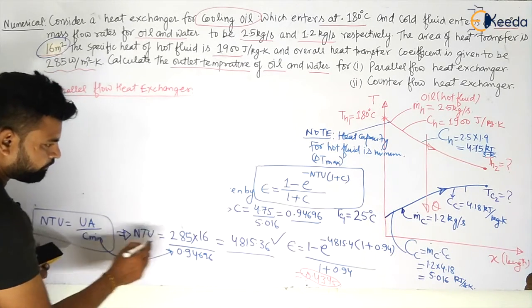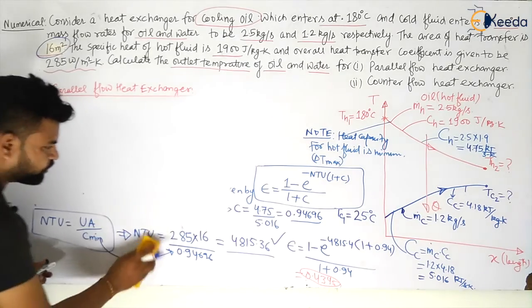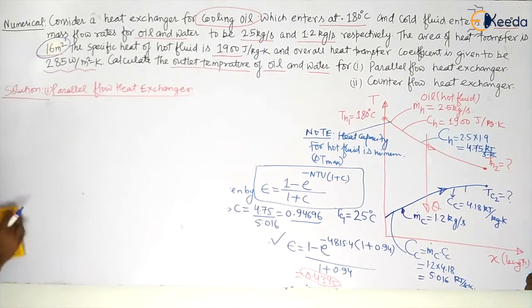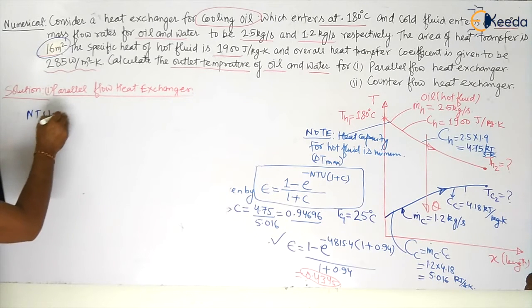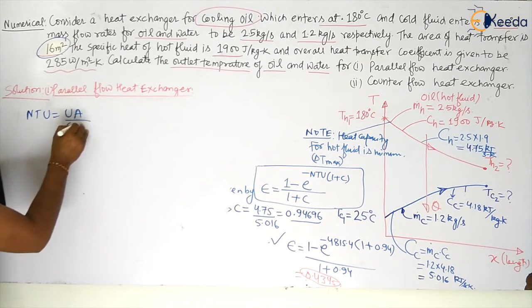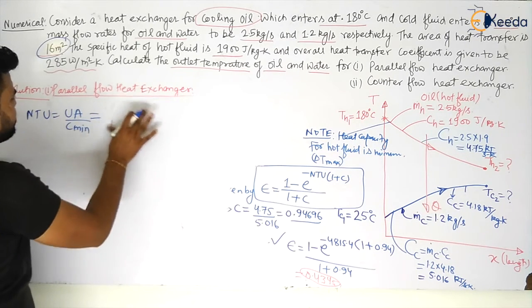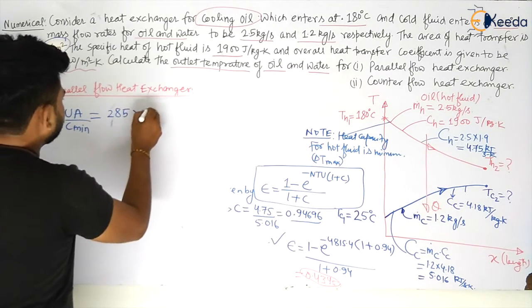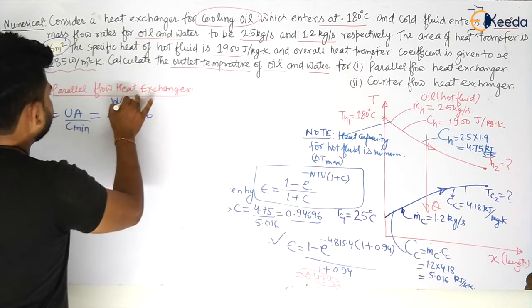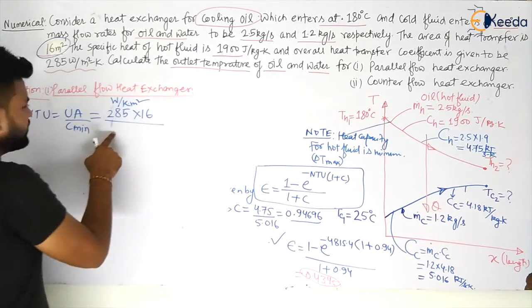I think I have made some mistake. So let us calculate NTU again. What is your NTU, my dear students? The number of transfer units is given by UA by C minimum, and this will be 285, again you will make the mistake with units, multiplied by 16 meter square, watt per Kelvin, my dear students. Now, C minimum is how much?